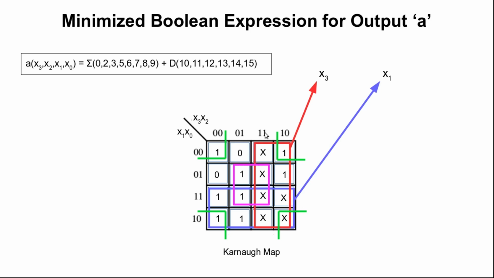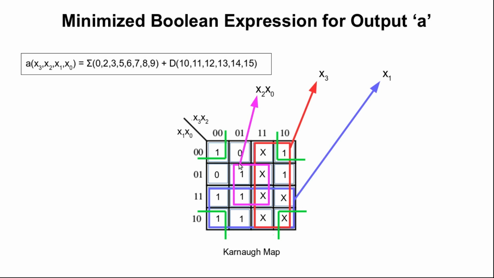So x2 will also get discarded, and we will be left with only x3. And since x3 is appearing as 1, it will be x3, and if it would have been 0, then it would have been x3 prime. But here the value of x3 is 1 in both the columns, so the product term will be x3.